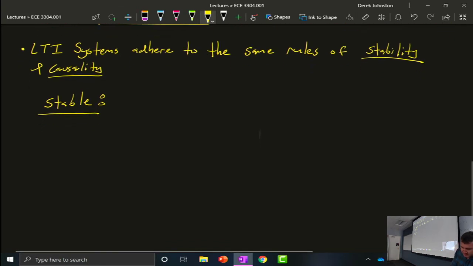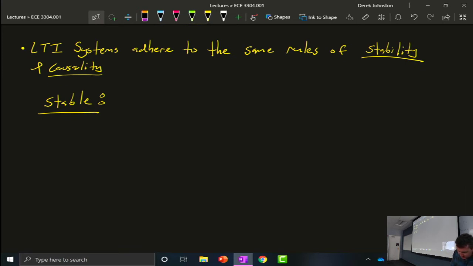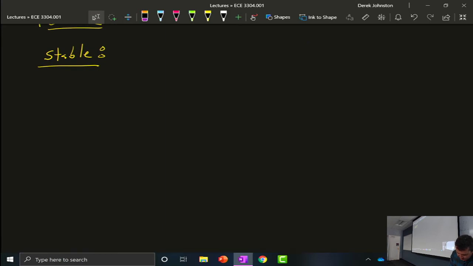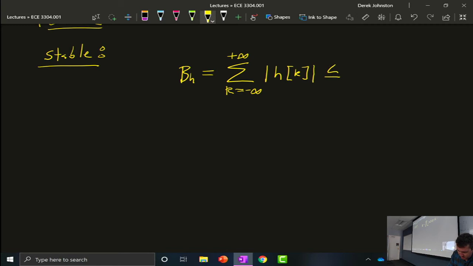So for LTI systems, in terms of our impulse responses, what we're going to say is this: there's some bound H, which is equal to the sum from k equals negative infinity to positive infinity of the absolute value of our impulse response, and that needs to be less than positive infinity.